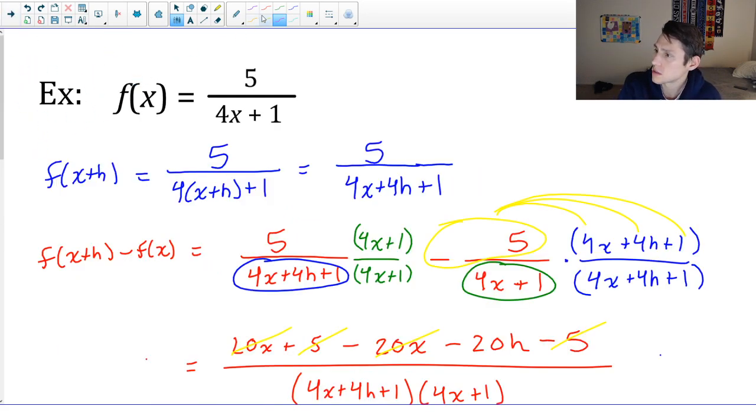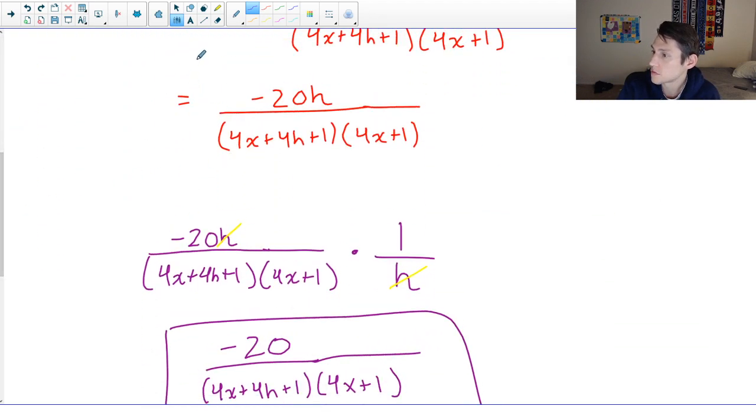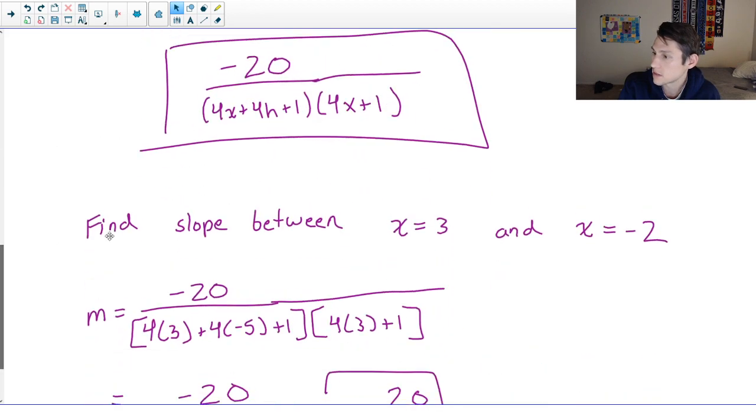All right, let's do one more. So this was another example that we did in class together. For this function, we found that the difference quotient is this thing. Or wait, sorry, this thing.